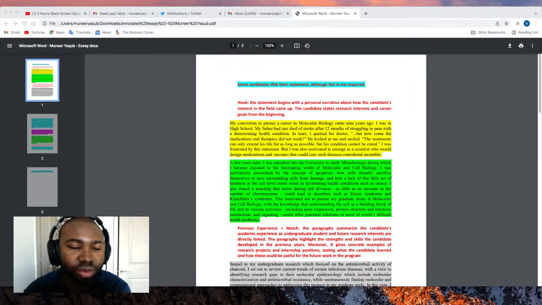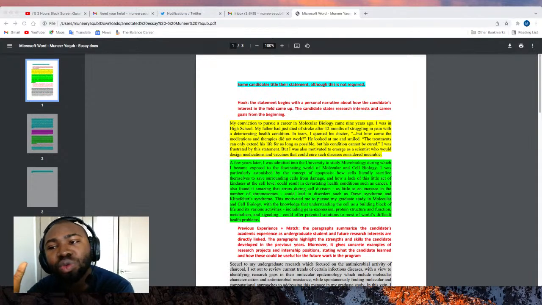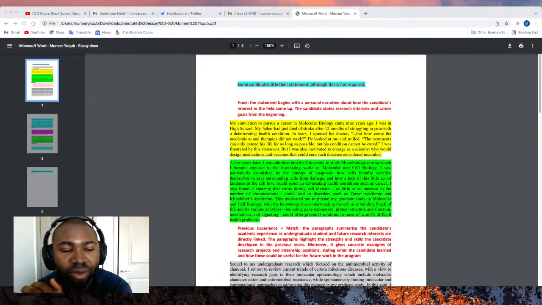If you want to tell a story as to why you want to study the program you want, or why you even want to do a PhD at all, you don't want to go on and on for 2 or 3 paragraphs still telling that story.